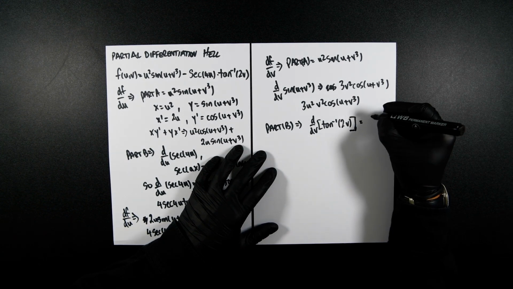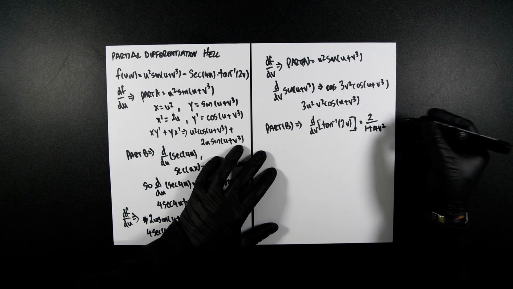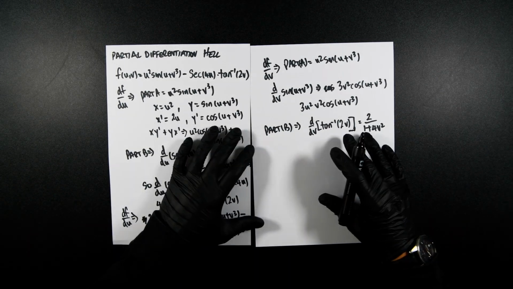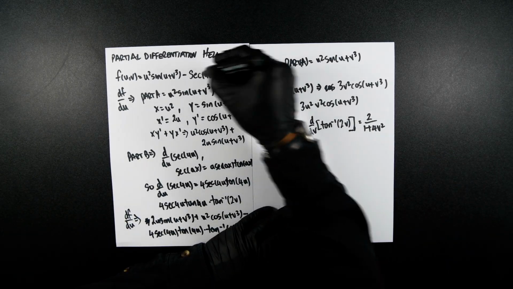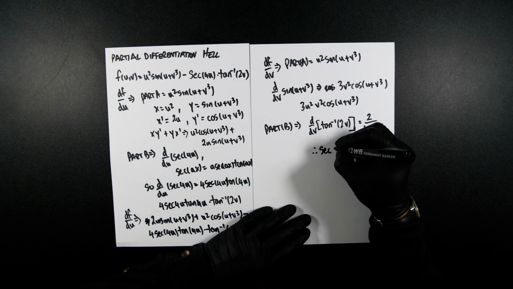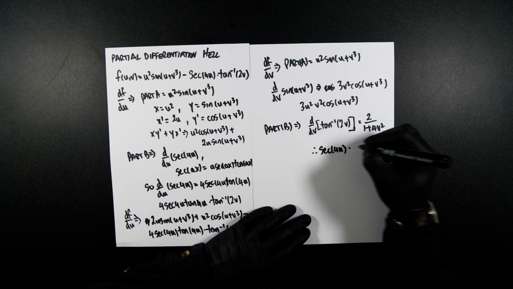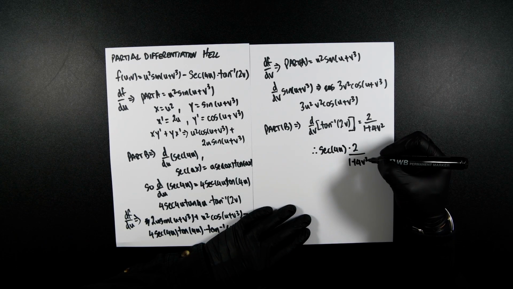So that's then going to be 2 over 1 plus 4v squared. It's just going to take too much time, and I'll waste too much time doing that instead of partial differentiation. So now let's bring back in the sec 4u, and we would have sec 4u dot 2 over 1 plus 4v squared.